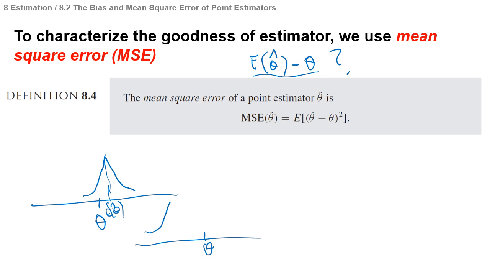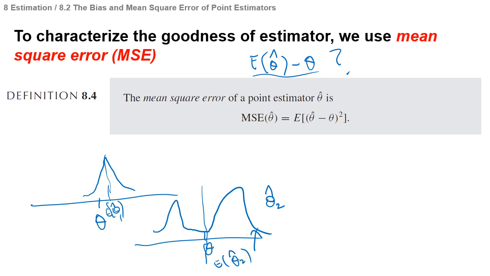So this is the distribution for another estimator, zeta hat 2, and actually this is an unbiased estimator. The expected value of zeta hat 2 is zeta.